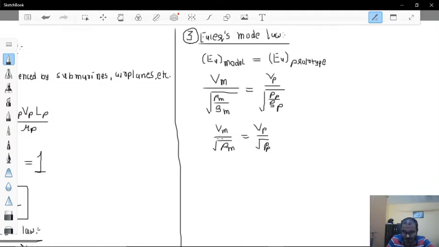Now the fourth law, that is Weber's model. So this is useful when the surface tension forces are dominating.